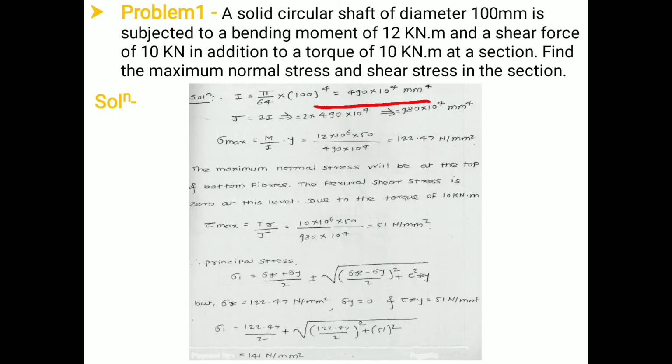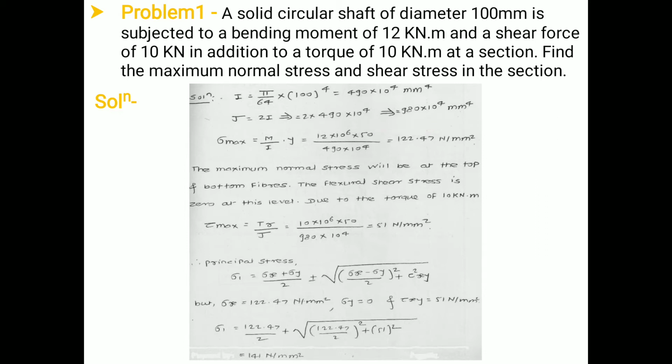In the same manner, we will find out the value of polar moment of inertia, and it can be given by 2 into I. On putting the value of I, 2 into 490 into 10 raised to 4, we get J as 980 into 10 raised to 4 mm raised to 4. So in this manner, we have found I, the moment of inertia, and J, the polar moment of inertia.